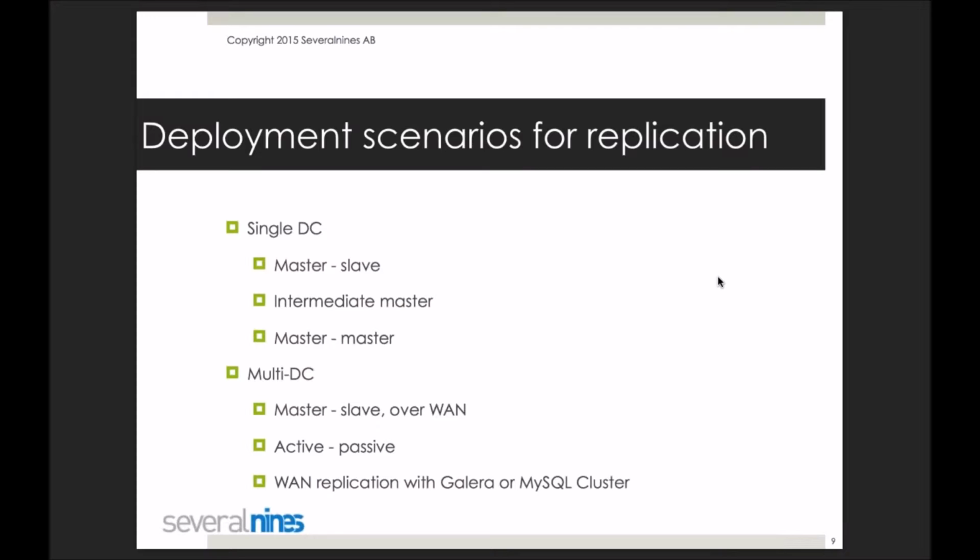And of course, last but not least, wide area network replication for clusters. So the Galera or MySQL clusters, these are virtually synchronous clusters, and as such, their performance is kind of limited by the network latency.